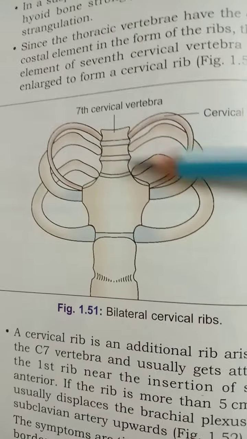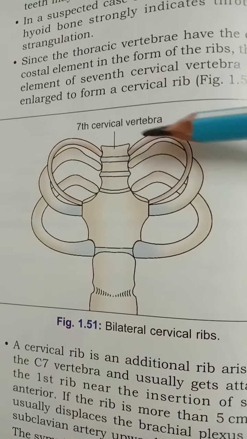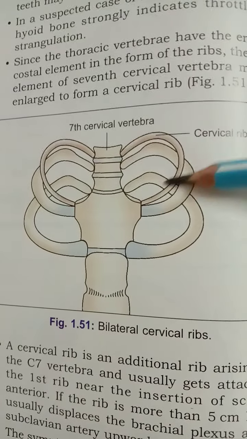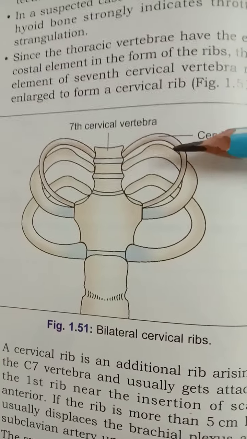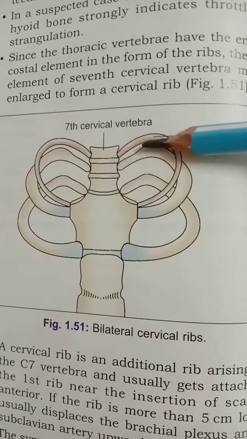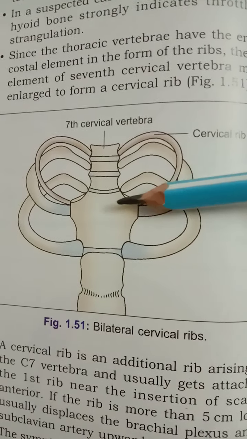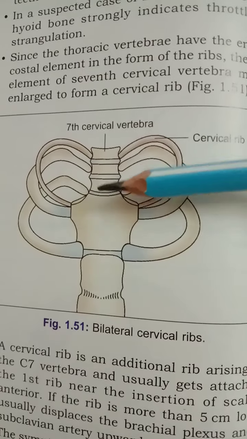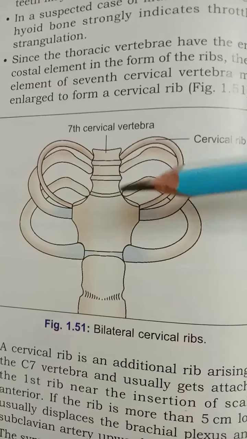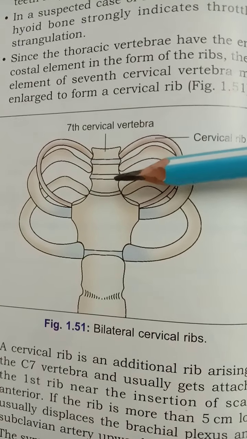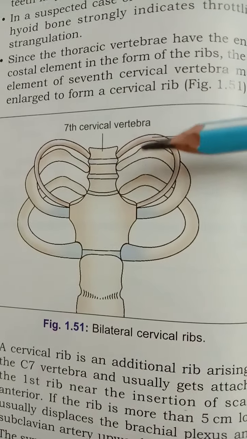The next clinical point related to the cervical vertebra is the cervical rib. Here you can see the cervical rib. It is an additional rib which arises from the C7 vertebra and usually gets attached to the first rib near the insertion of the scalenus anterior. This rib is more than 5 cm long, and it usually displaces the brachial plexus and the subclavian artery.